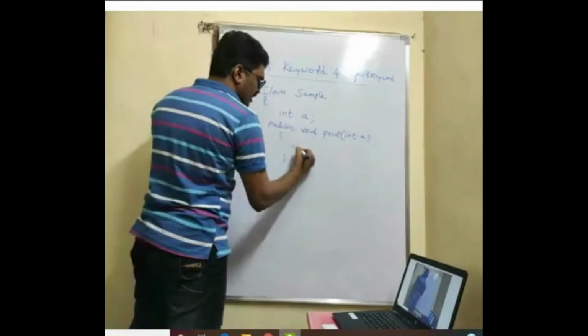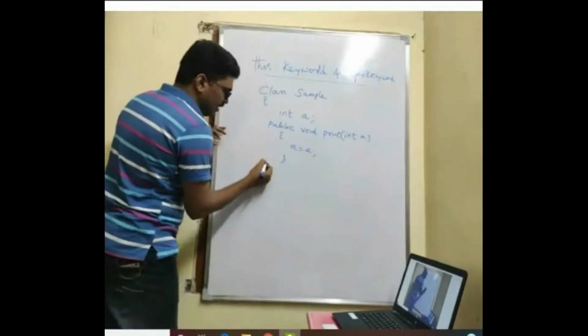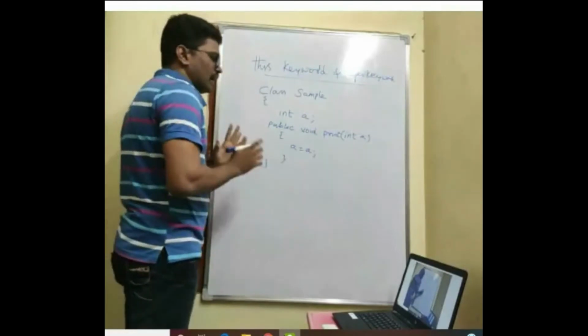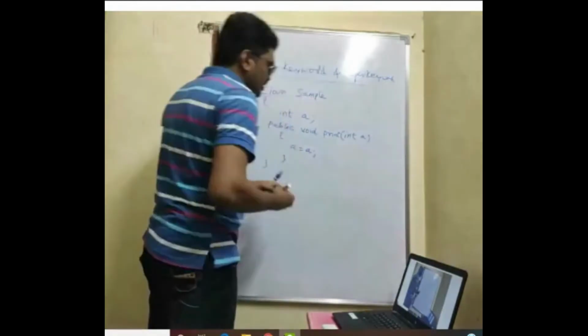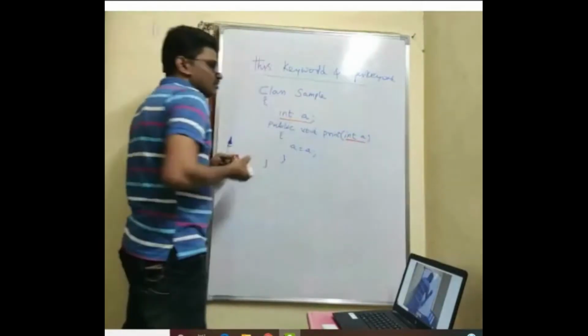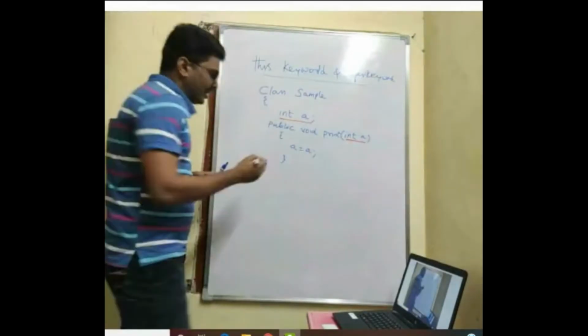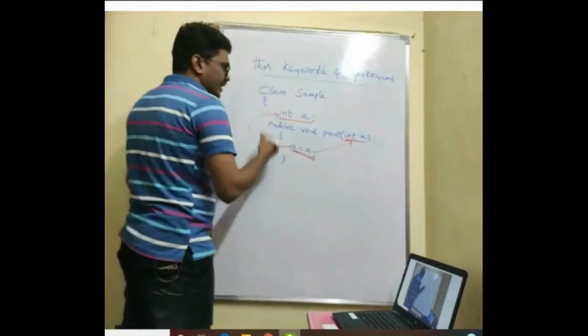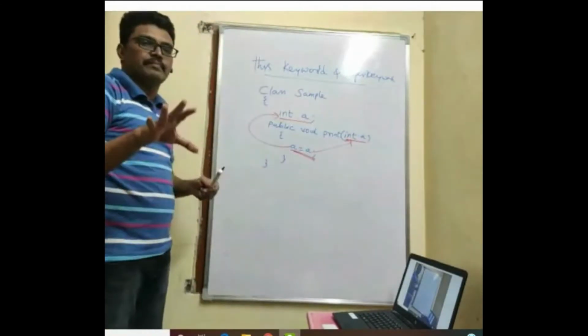In detail, I'm not implementing all the things. So now see here, the variable name is a, and the class data member name is also a. Now when I say a is equal to a, which refers to this variable and which refers to the data member of the class, there will be confusion.